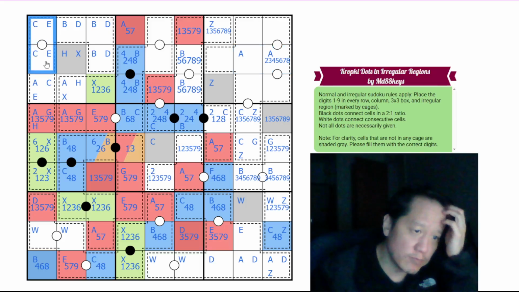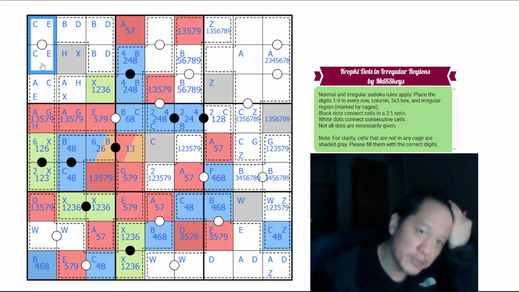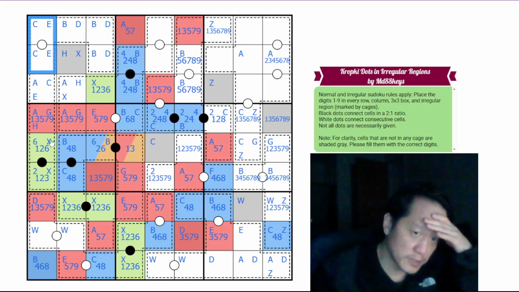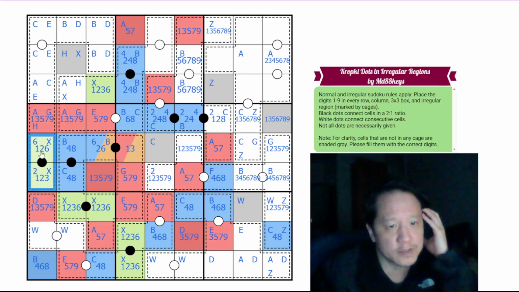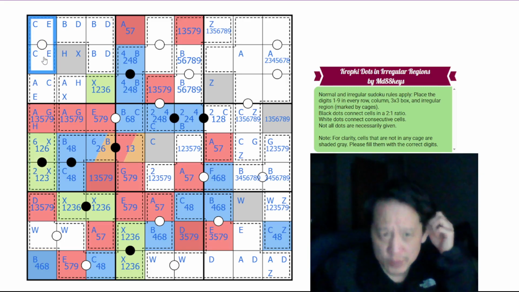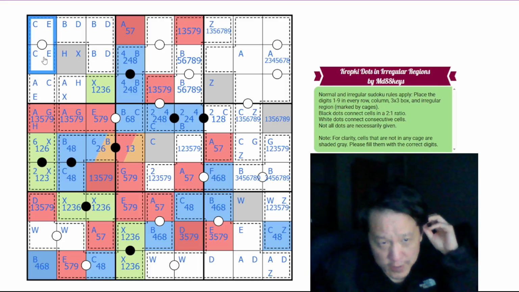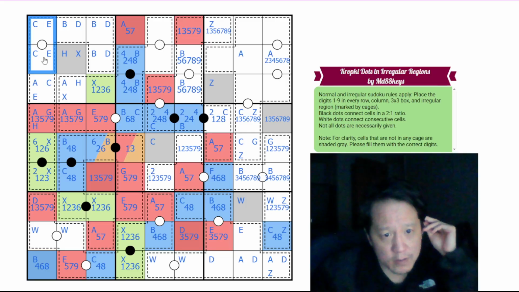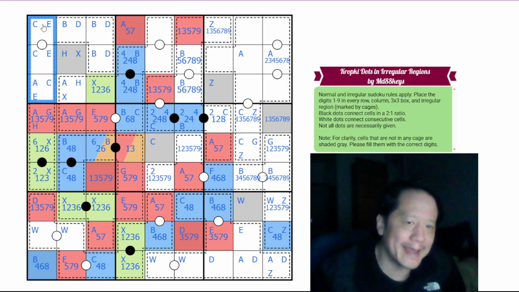Can this ever be... This can't be 2 and 3, obviously, because that would eliminate all possibilities for this pair here being in a 1 and 2 ratio. If it's 1, 2 here, I think that... Oh, that doesn't work. Because we're guaranteed C and E have to be here, in one of these three cells.